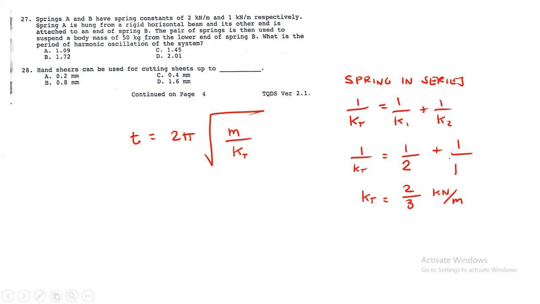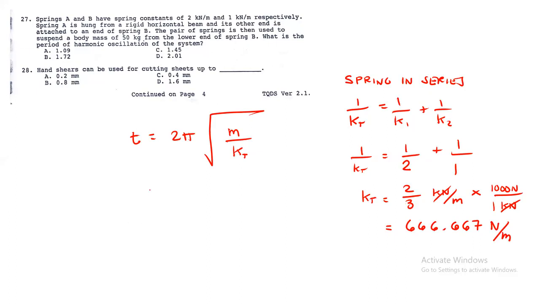So, yun yung substitute natin dito. So, times natin ng, so, convert natin into Newton per meter. So, 1,000 Newton per meter. Or per kilonewton pala. Per 1 kilonewton. So, cancel. Magiging 2/3 times 1,000. So, ilan yan? 2/3 times 1,000 is 666.667 Newton per meter.